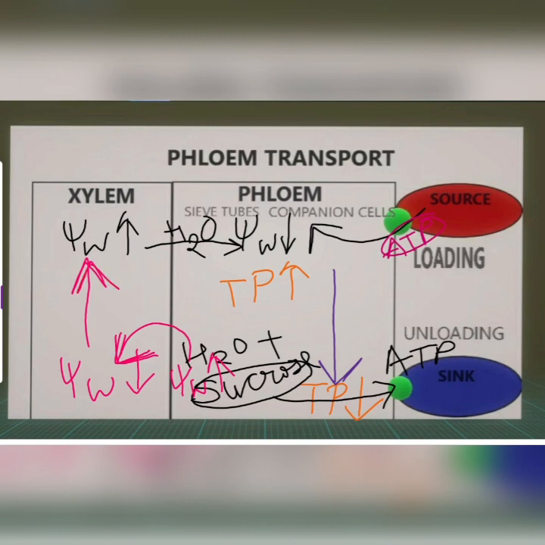So this is how the complete phloem translocation takes place. Remember, only two steps, that is loading and unloading, are the active steps in phloem transport.